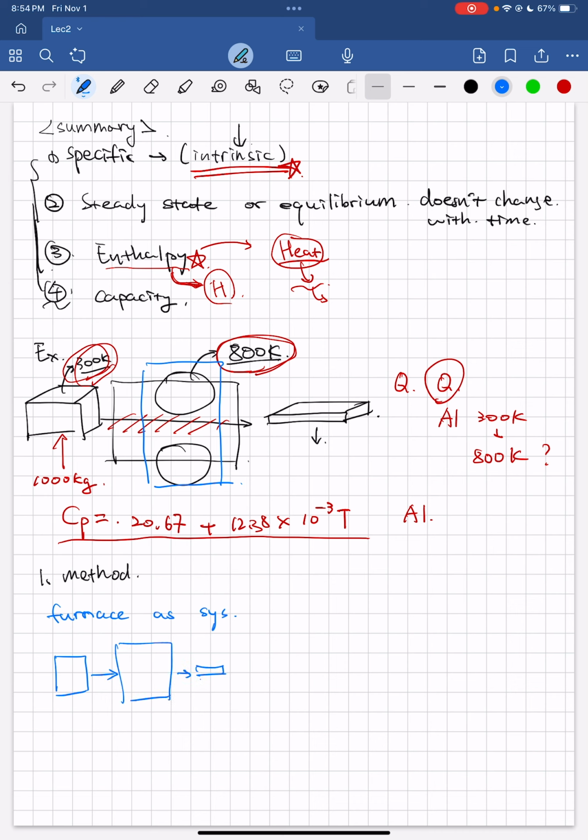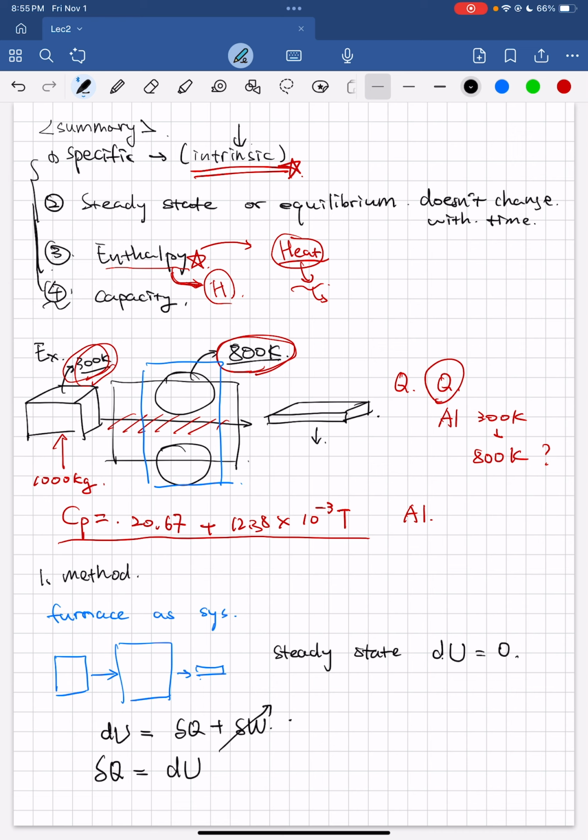This is the furnace. And you're going to assume steady state, which means, I told you, dU equals 0. Okay? Now dU equals del Q plus del W. Now del Q equals dU.